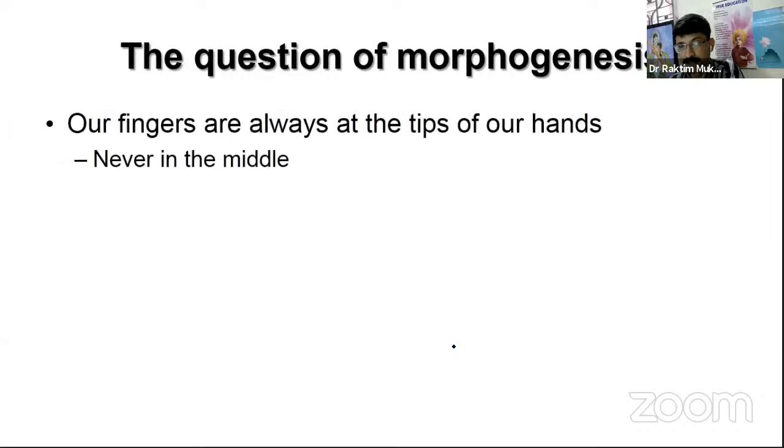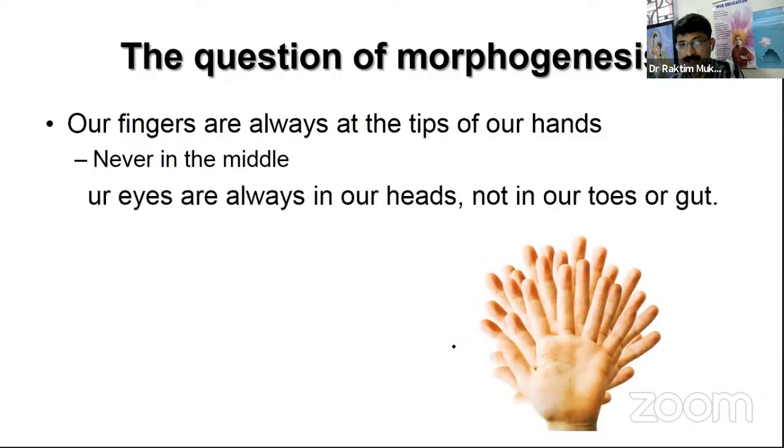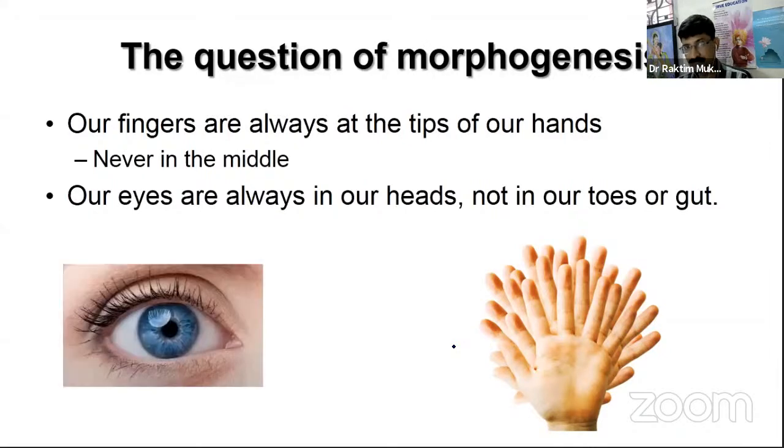Similarly, our fingers are never in the middle, they are always at the tip. Similarly, our eyes are always in our head. You won't find the eyes in your stomach or the gut or the toes. They are fixed structures. So this explains the question of morphogenesis.